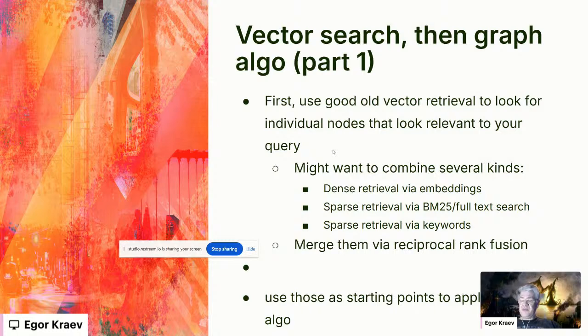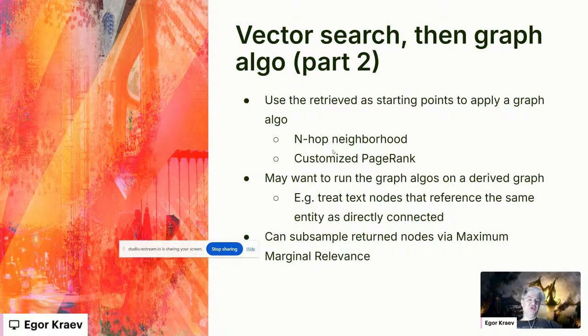Then you merge them via reciprocal rank fusion, for example. Then you use those as starting points to apply a graph algo. So you have those initial nodes, and then you use an n-hop neighborhood, or customized PageRank, or your favorite graph algo to look for important points in the neighborhood of them. And then you subsample them via maximal marginal relevance, for example, and that's the result you're getting.